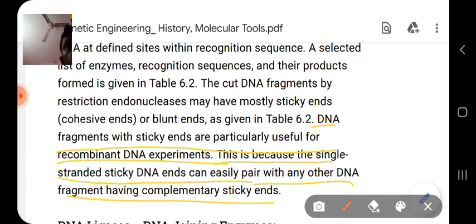So we can insert our desirable DNA fragment that should have complementary sticky ends. It can easily bind, and obviously we require ligase, but it is more properly bound.